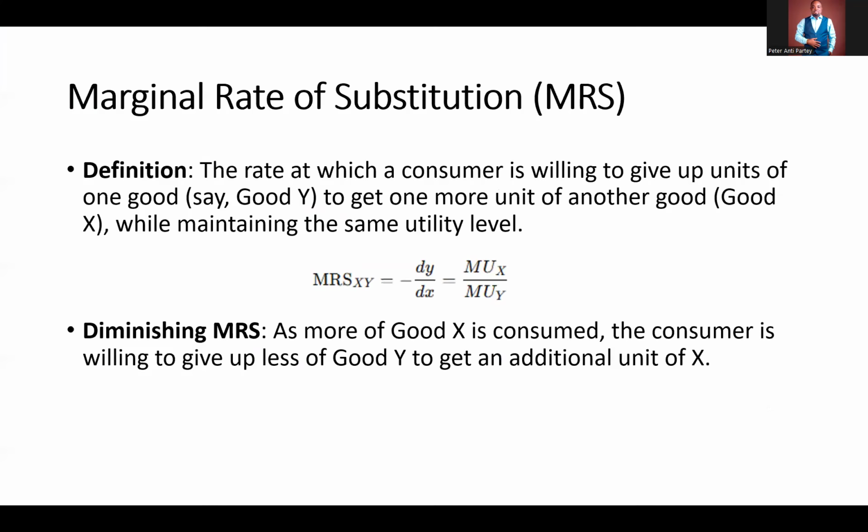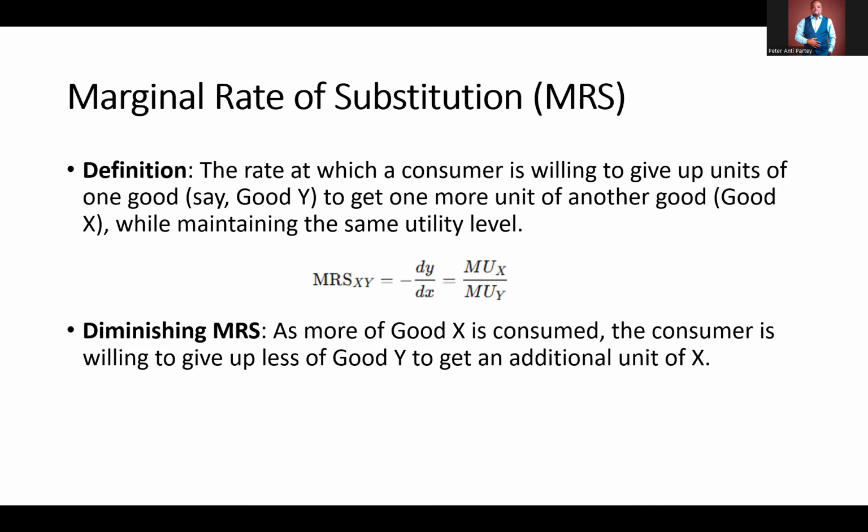So we've been talking about marginal rates of substitution. Marginal rate of substitution is the rate at which a consumer is willing to give up units of one good, say good X, to get one more unit of another good, say good Y, while maintaining the same level of utility.